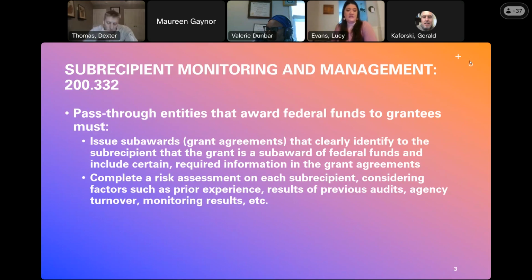The pass-through entity must also complete a risk assessment on each subrecipient, considering factors such as prior experience, results of previous audits, agency turnover, monitoring results, and other things along those lines.